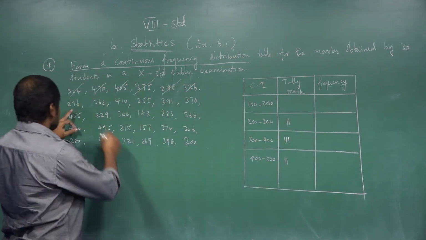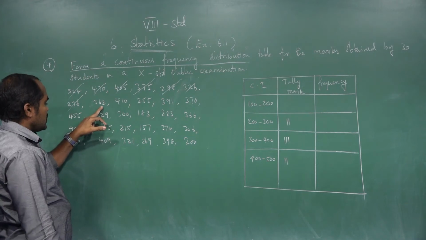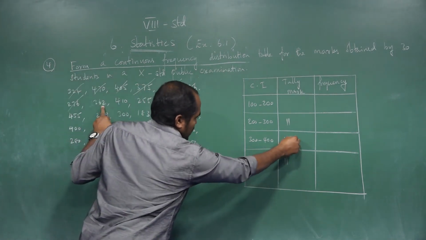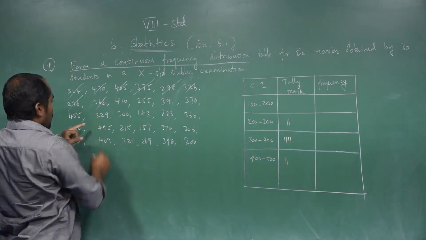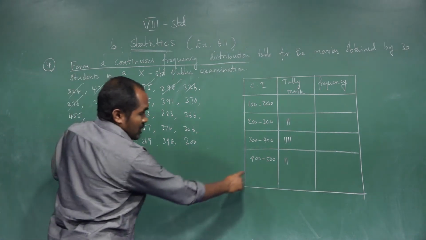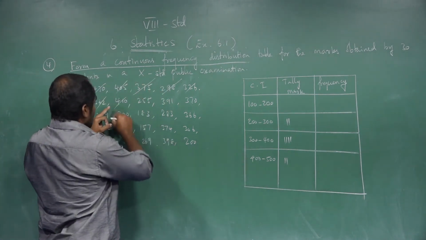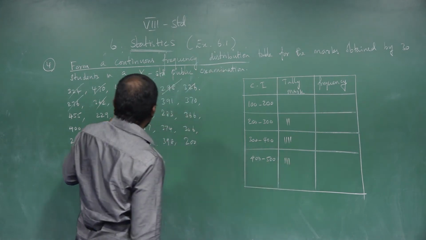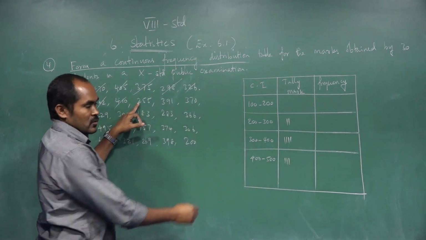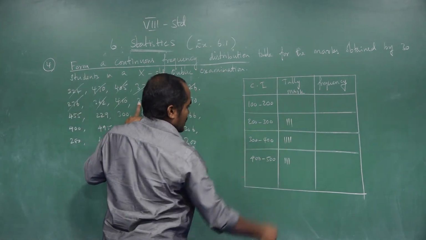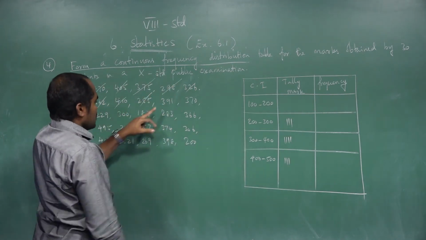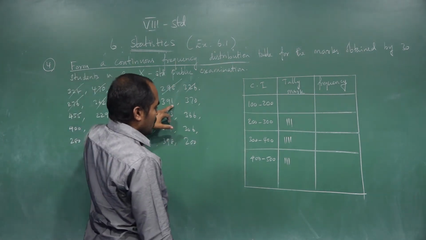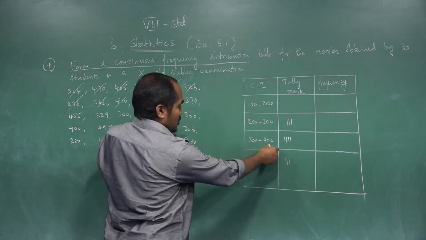So right here. 362, right here one line. 410 lies between 400 to 500. So right here one line. 255 lies between 200 to 300. So right here one line. 391 lies between 300 to 400.